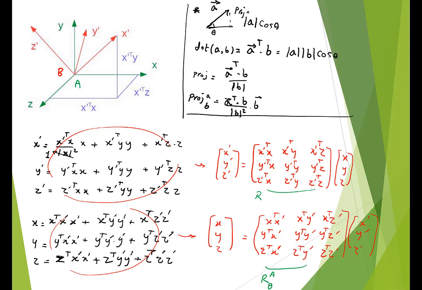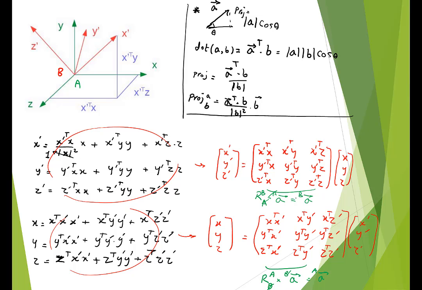This means that it will bring frame B to A. So if it's multiplied by a vector, let's call this A, that is defined in frame B, it will bring it into frame A. The opposite, the top one, will bring frame A to B. So if it's multiplied by a vector that is in frame A, it will bring it into frame B.